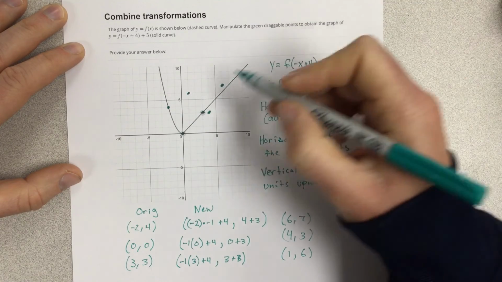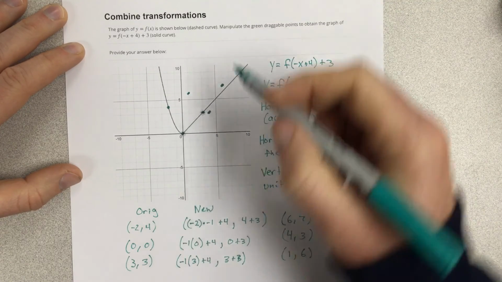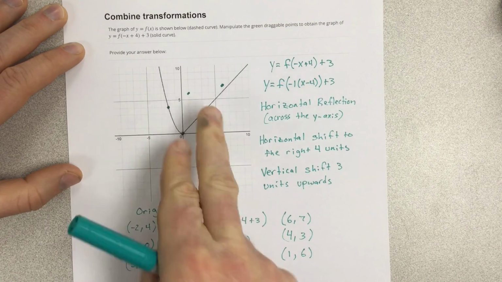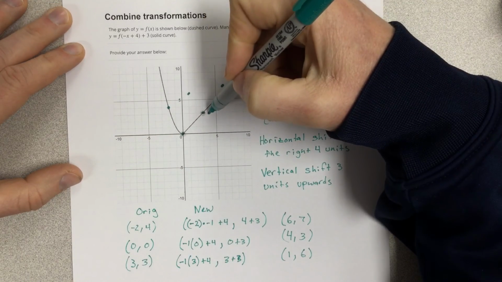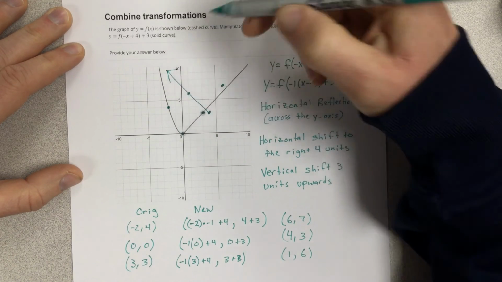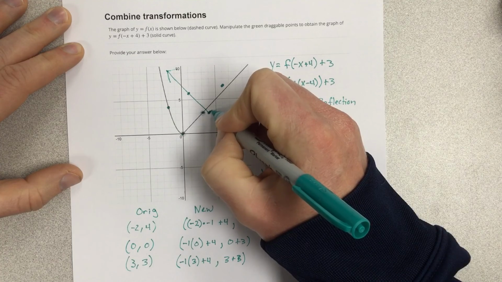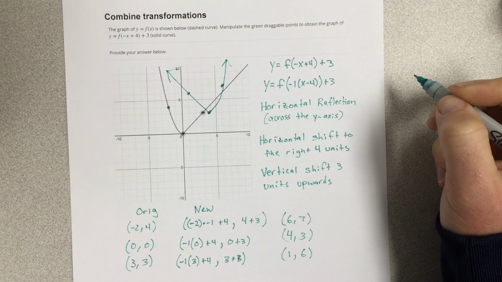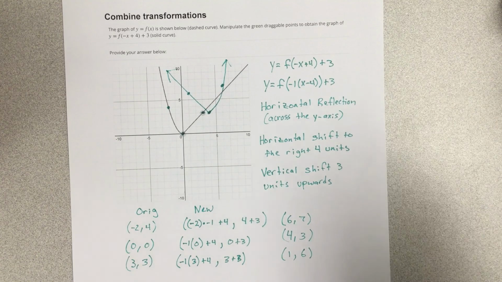Now this is going to be the straight line, because remember, this whole graph is going to be flopped. So the straight line will be right here. And this will be our piece of the quadratic that we got there. And that's how you combine the transformations.